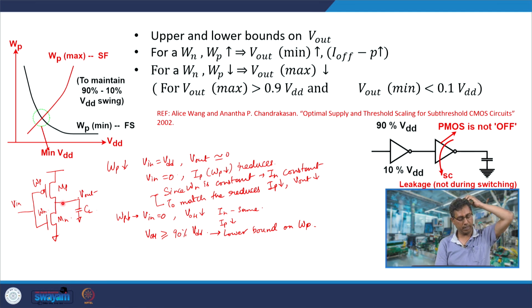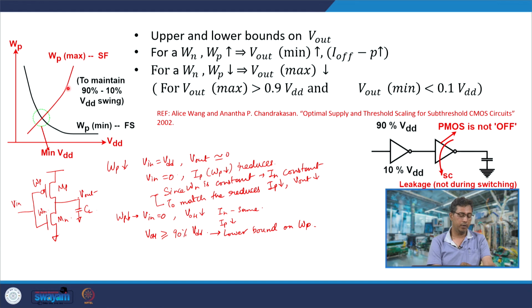So, V out should increase, increasing the VDS of the N MOSFET. V out is now larger than 0, and becomes even larger when you increase WP. If you want V out to be within 10% of VDD, then you have an upper bound on the size of WP.